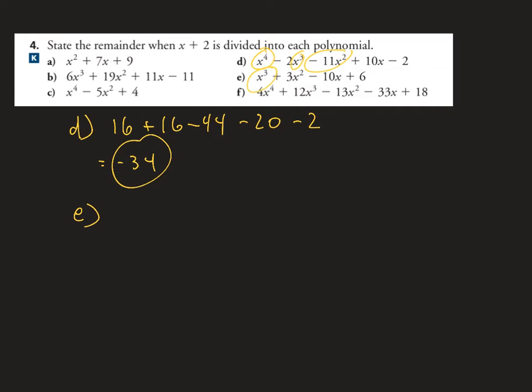You got negative 8. This is going to give me 4, so plus 12, plus 20, plus 6. So we got 8 and 4, 24, 30.